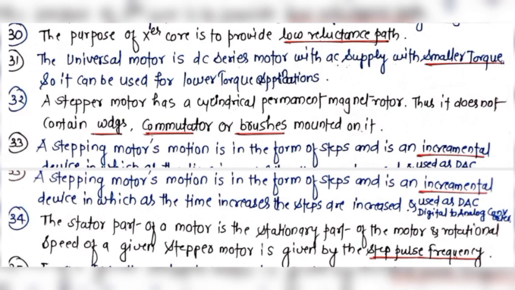The purpose of a transformer core is to provide a low reluctance path. A universal motor is a DC series motor with AC supply with smaller torque, so it can be used for lower torque applications.